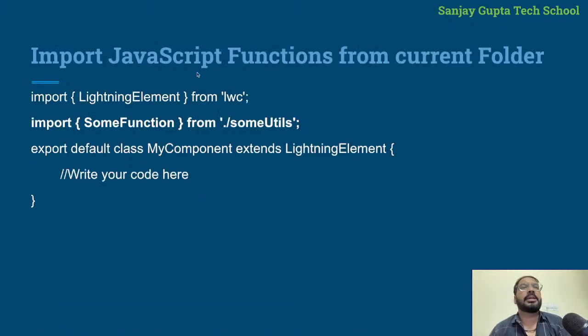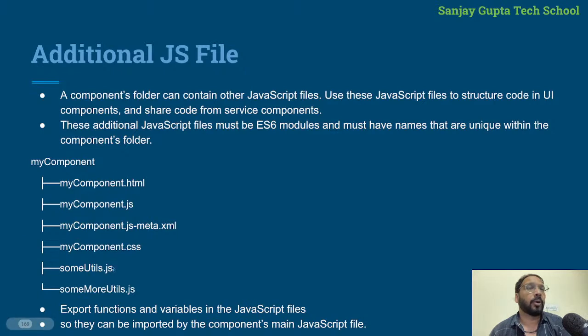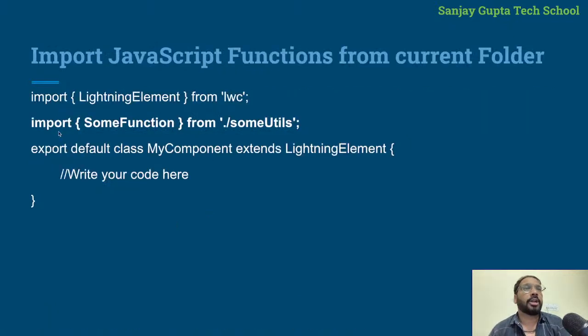Then here you can see how we can import a JavaScript function from the current folder. If you see this one, in the same folder, myComponent, you have an additional JavaScript file like someUtils or someMoreUtils. If you want to use the code which is written inside someUtils, you need to write an import statement, then the name of the function, and from then ./someUtils.